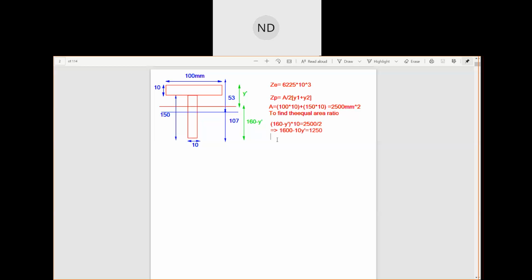Your y dash is equal to 35. That means this one is 35, and similarly, with respect to this, you will get this value as 160 minus 35.